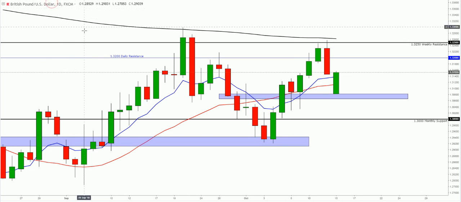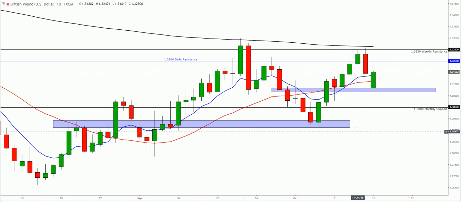If you take a look at the daily, as you can see, the rejection from that weekly resistance last week was also a rejection from the 200 EMA, which formed a lower high over here.